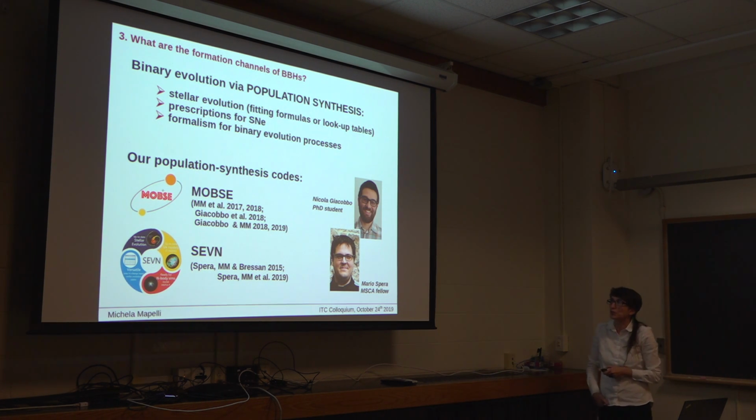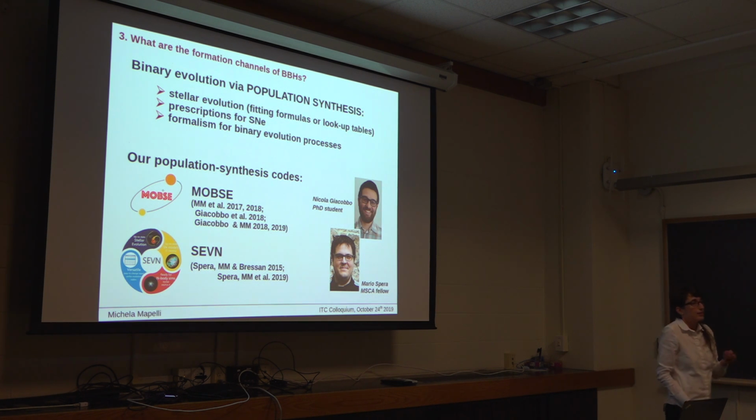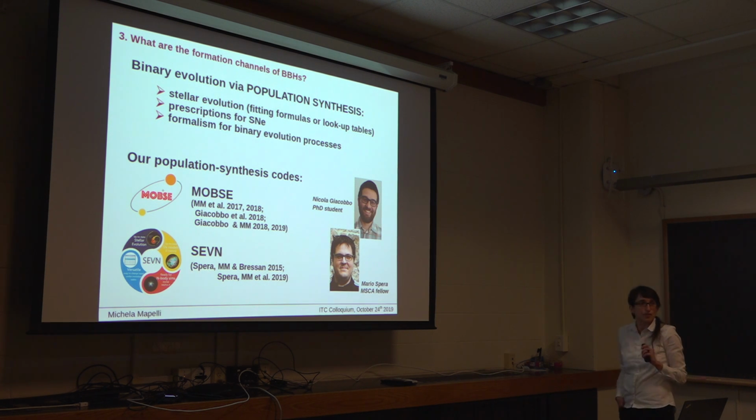So currently we have two population synthesis codes. MOBSE, Massive Objects in Binary Stellar Evolution. Nicola Giacobbo, who's a PhD student in my group, is the main developer of MOBSE. And then the SEVN code, Stellar Evolution for N-body, which is developed by several people, and let me mention Mario Spera, who's a Marie Curie Fellow at Northwestern. Why two codes? Well, the two of them have very different implementations of stellar evolution.